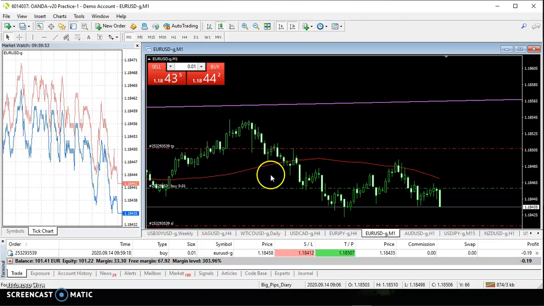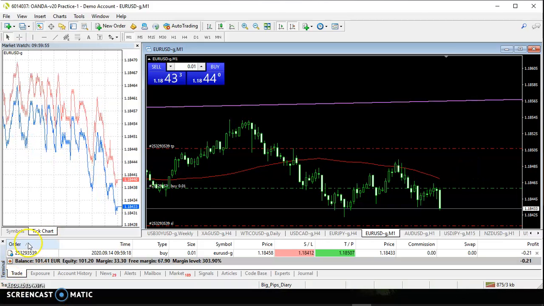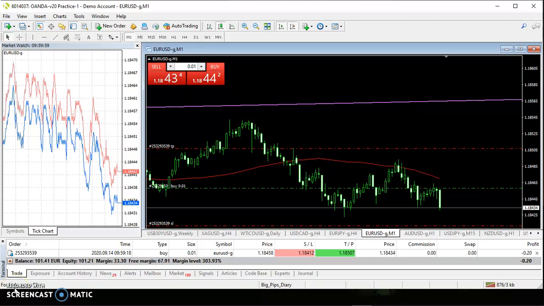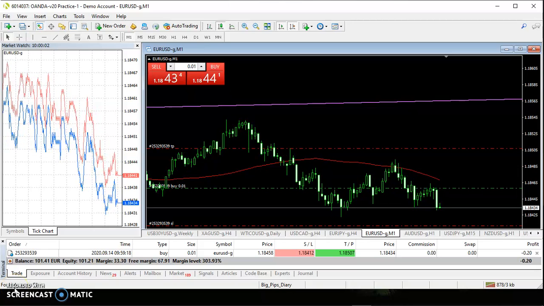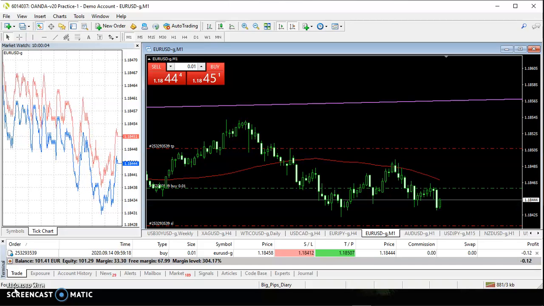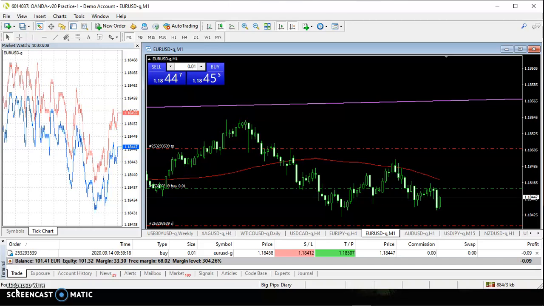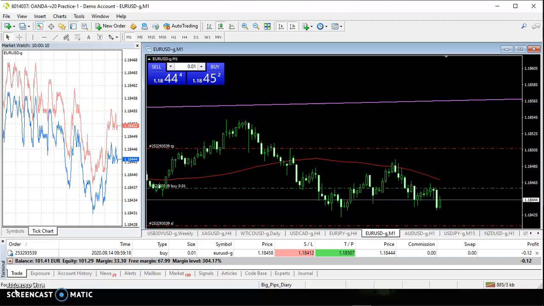And now I stop, and I will be back when something is happening. But as you can see, something is happening, but the chances are that the market reverses.